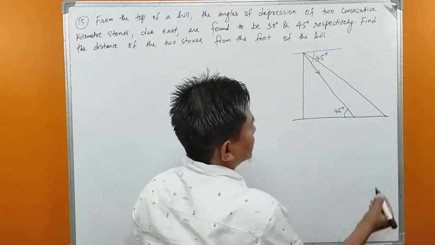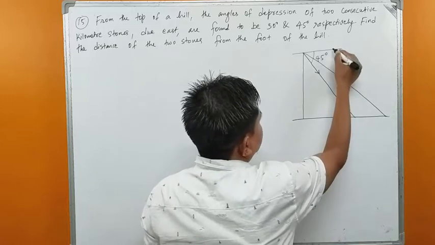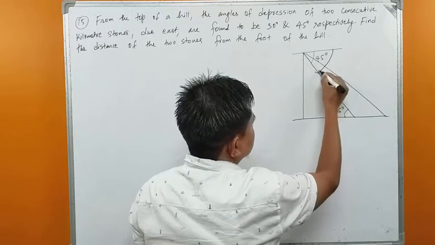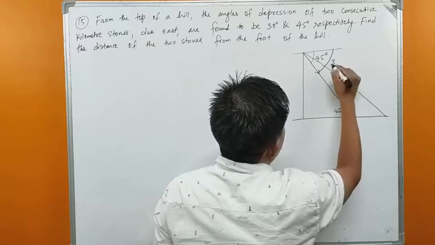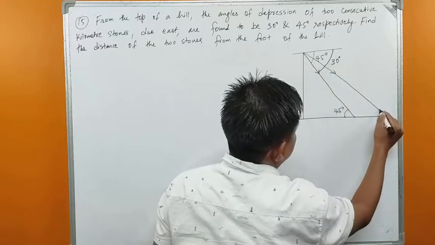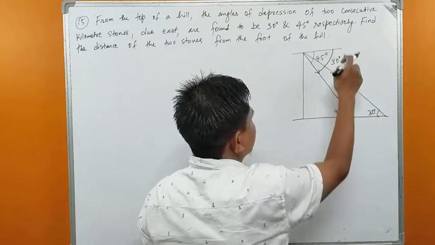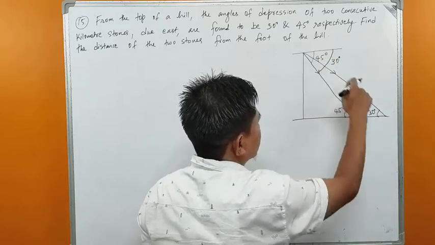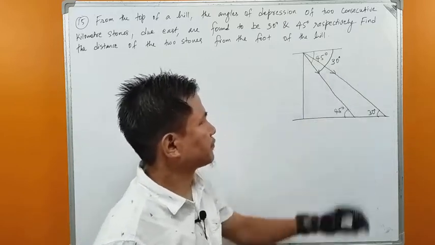This is the point where another kilometer stone is located. Now the angle of depression at this point is, he's looking downward, isn't it? 30 degree. So this must be equal to 30 degree because these two lines are parallel to each other and this line is a transversal. So alternate angle must be equal.